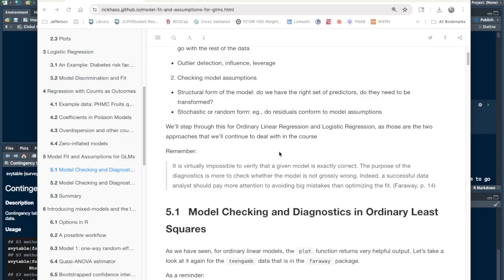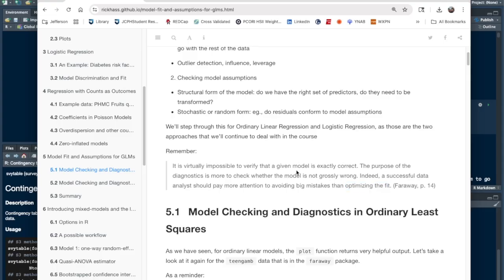The reason for that, this last part, really means that we don't want to have a model that's overfit to the data. That's more for prediction, but also for inference purposes, because if we've totally overfit our model to the data, it means it won't generalize.